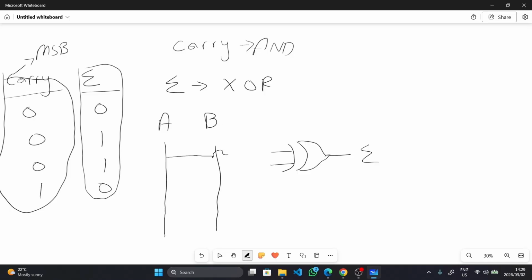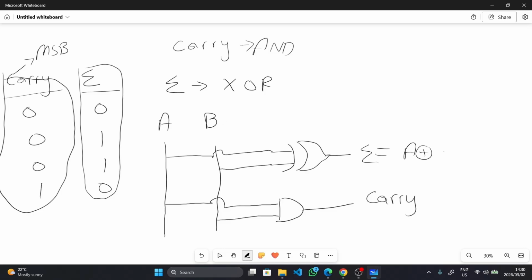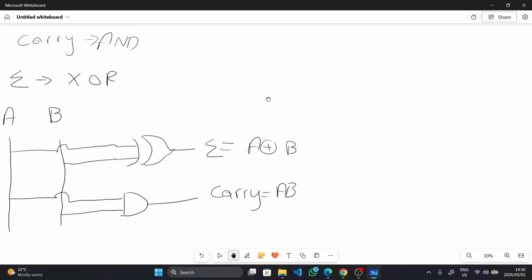Then we have our inputs A and B again, and then our AND gate, which is our carry. Then the Boolean equations will be for the exclusive OR gate and the AND gate. So this is our logic gate representation of a half adder.